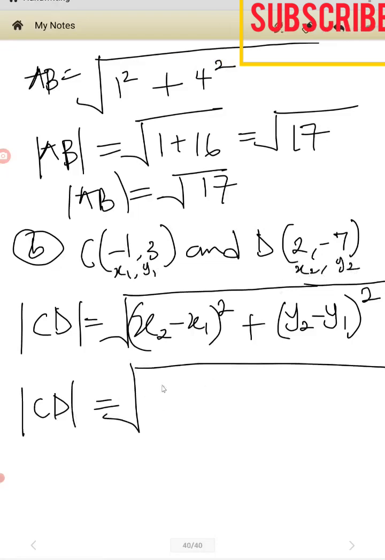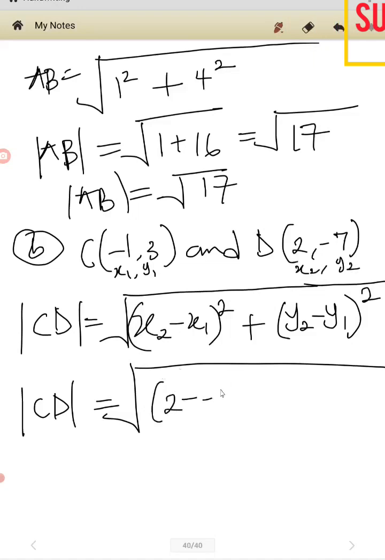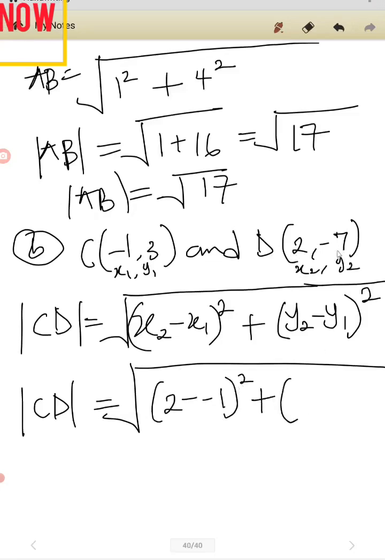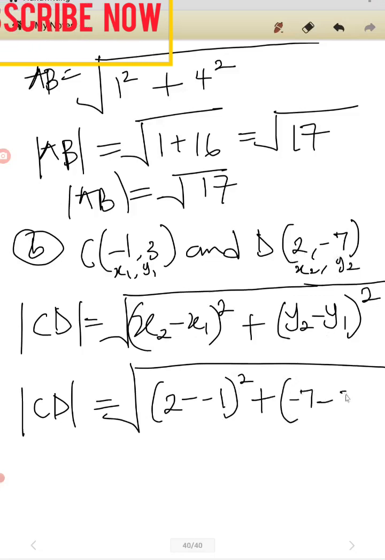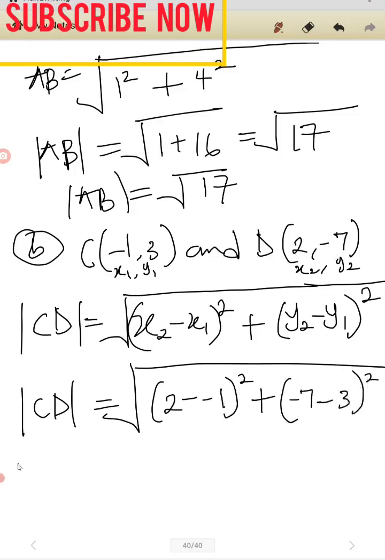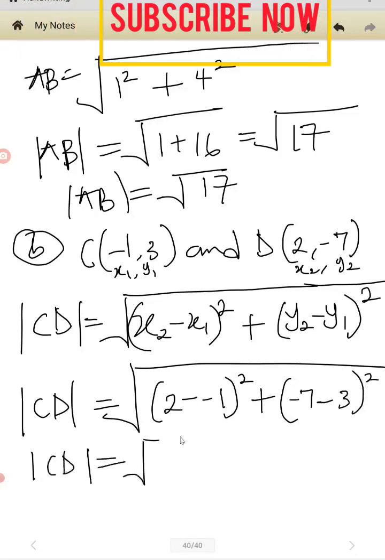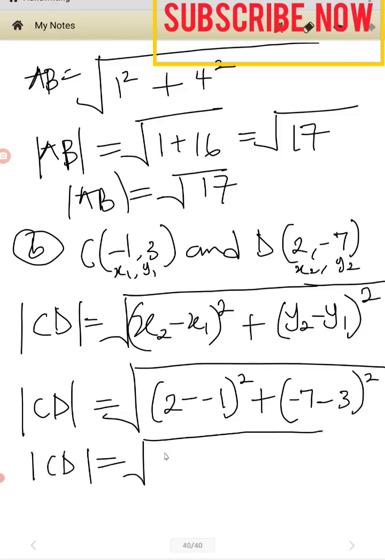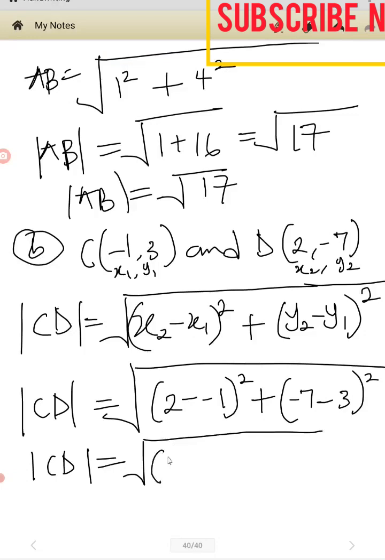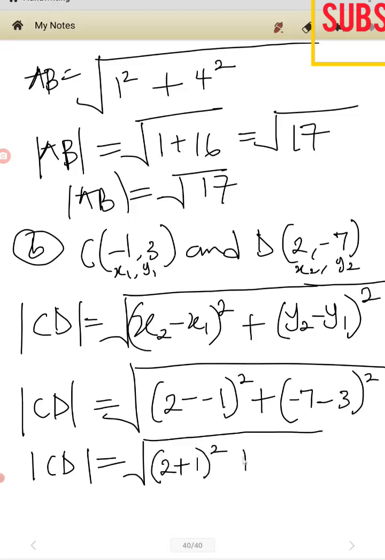So our x2 here is 2 minus minus 1, you put square, plus our y2, which is minus 7, minus 3, that is y1, you put square. So the line CD will give you 2 plus 1, you put square, plus minus 10, you put square.